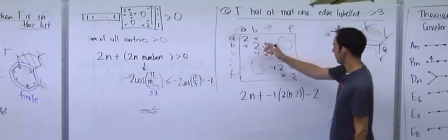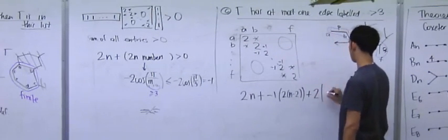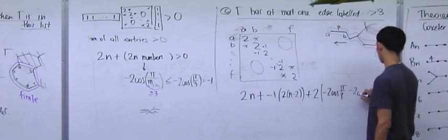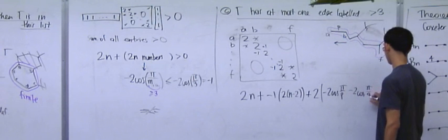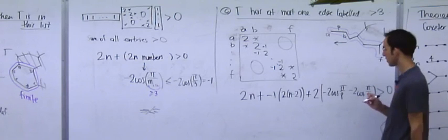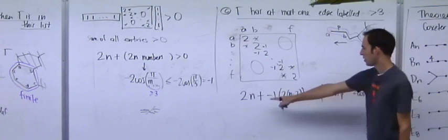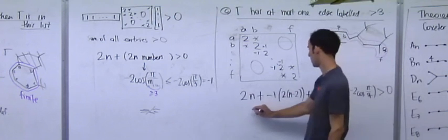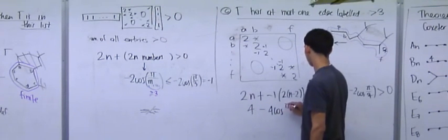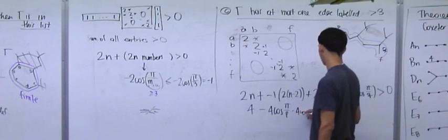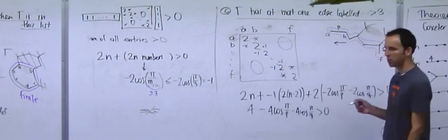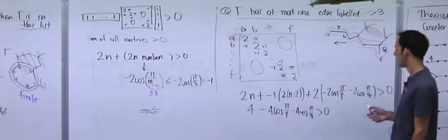Well, twice minus 2 cosine of pi over p, and twice minus 2 cosine of pi over q. And this number should be positive. But I compute this number, so I get 4 minus 4 cosine pi over p minus 4 cosine pi over q is positive. Okay? But again, what's the point?